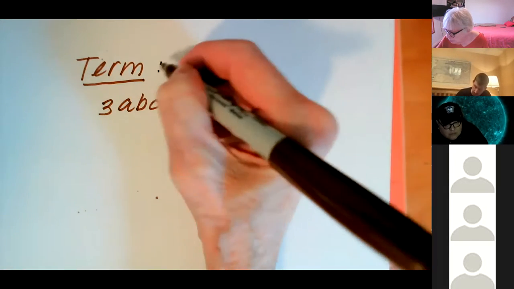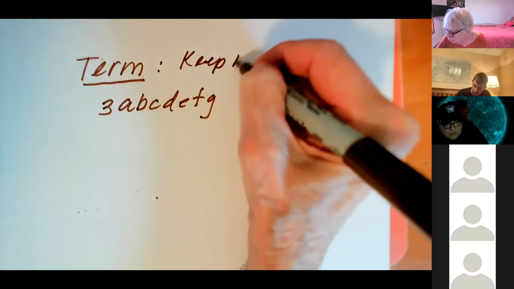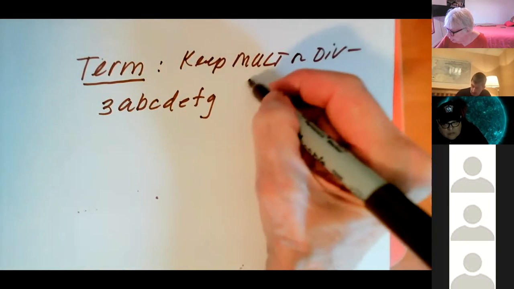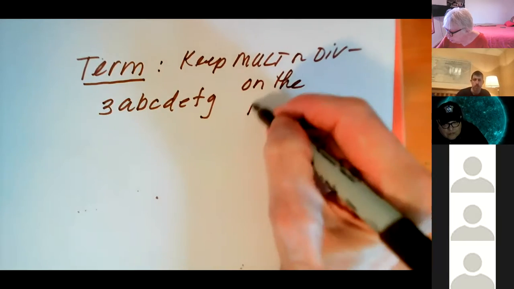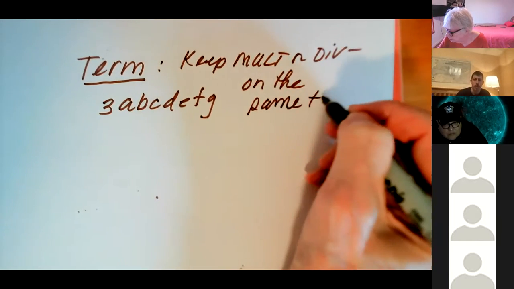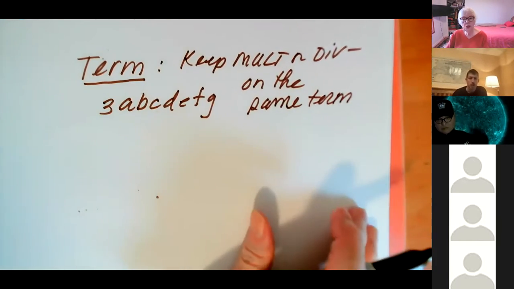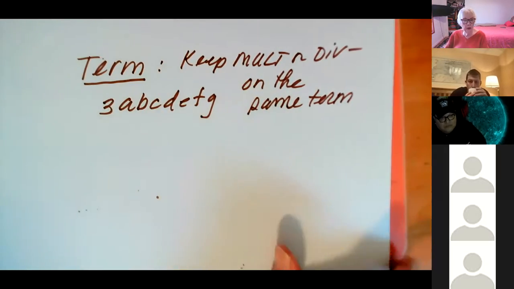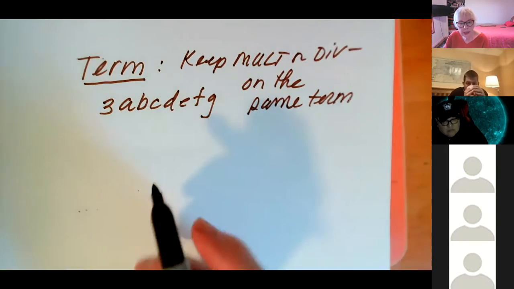So if you keep multiplying or even dividing, you're on the same term. This will become more important as we get more letters and fewer numbers to see this.